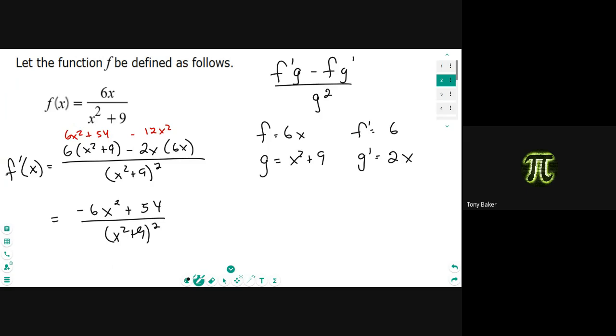And remember, when you're doing these, like last time, simplifying them is going to help you find the answer easier. All right, so we've got the first derivative.